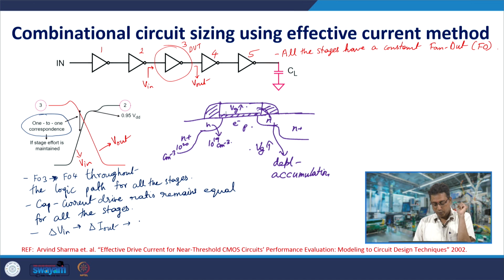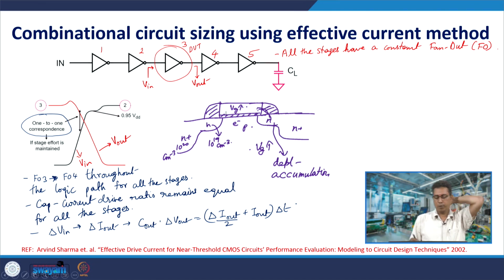So, what is that change in the output voltage? That would be C out of the stage into the change in the output voltage, which should be equal to the average current in that small time period into the change in time. So, what is that time in which this change in output voltage happens?